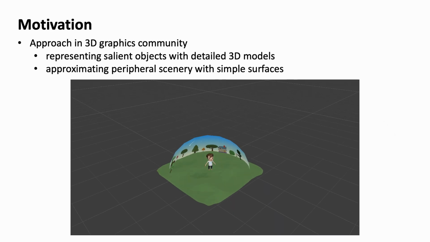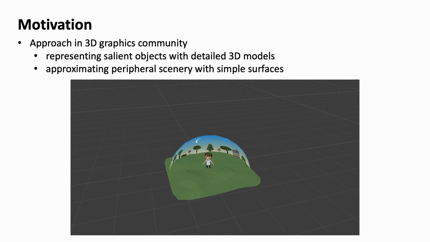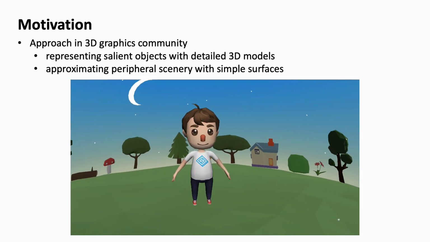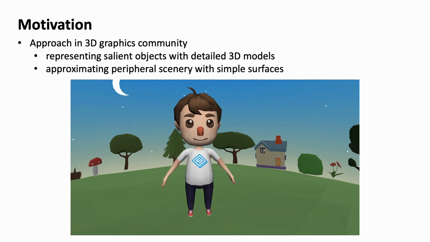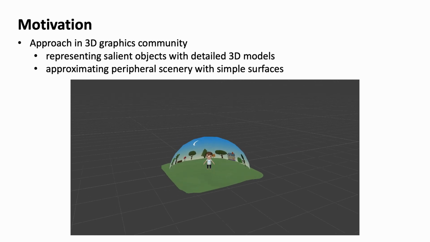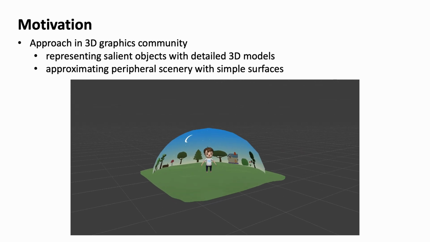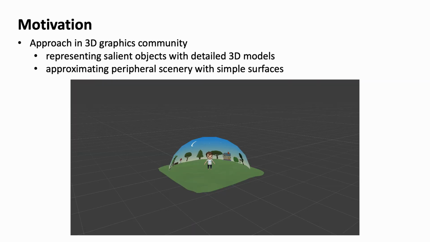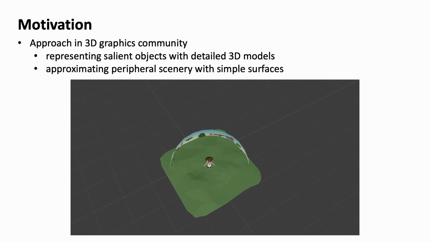To solve this problem, we propose a method inspired by popular approaches in the 3D graphics community. Here is a 3D graphic showing our motivation. The salient object is a 3D model, but the peripheral landscape, like sky or a tree, is a 2D image drawn on the spherical surface.